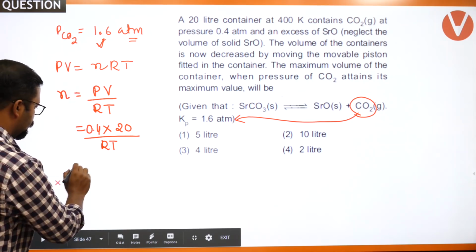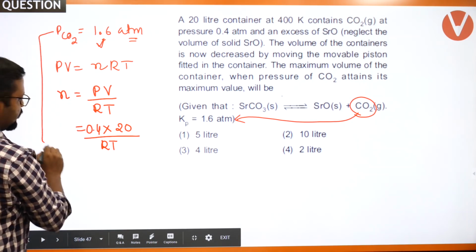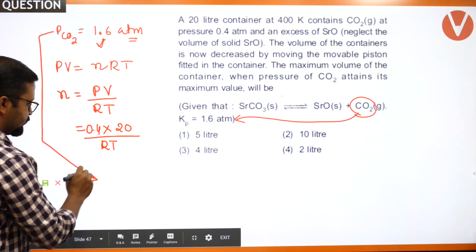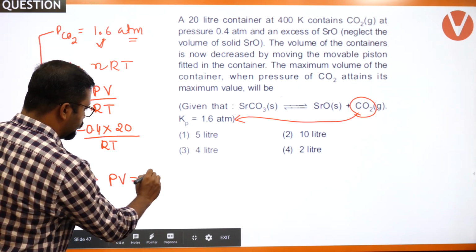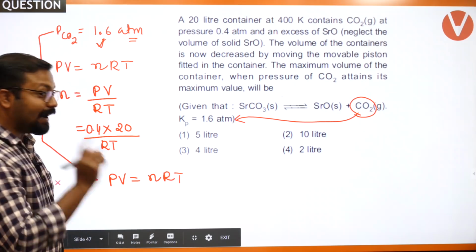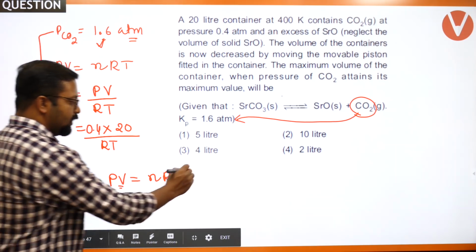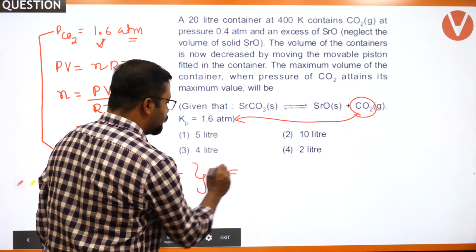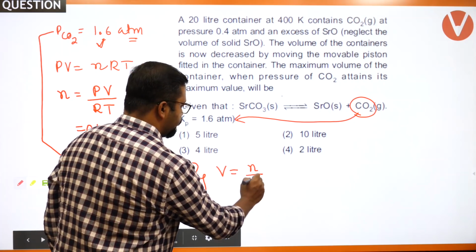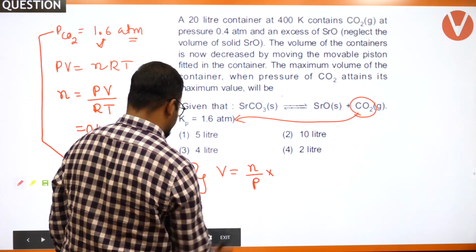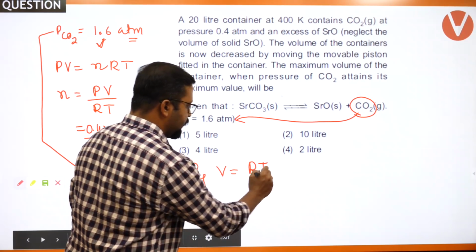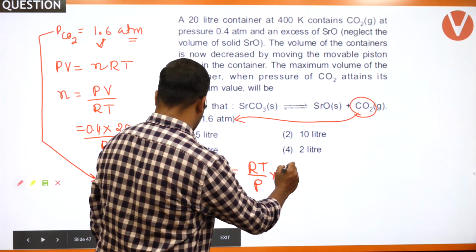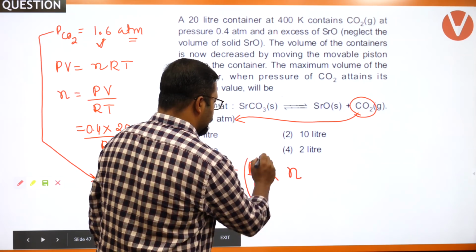So now, using this information, PV = nRT, I try to calculate the volume. So volume will be n by P times, or better, I write RT by P times n.